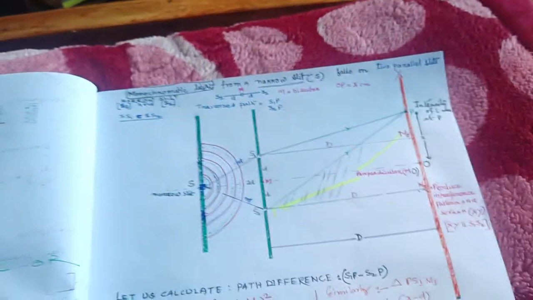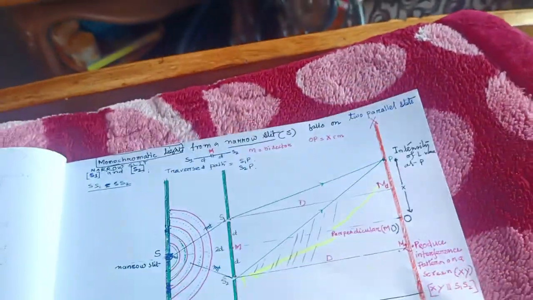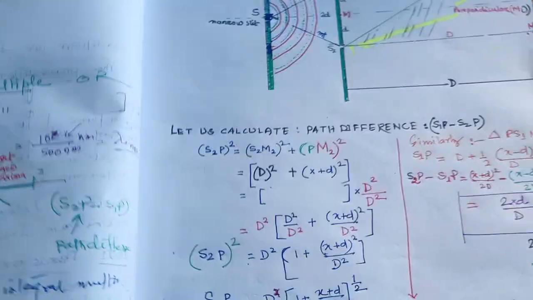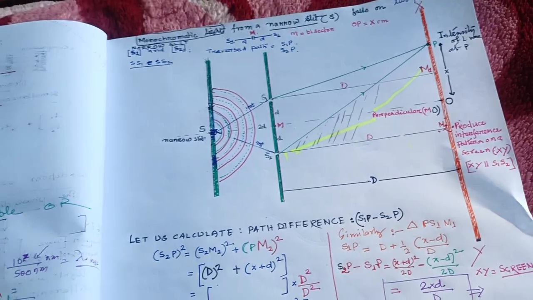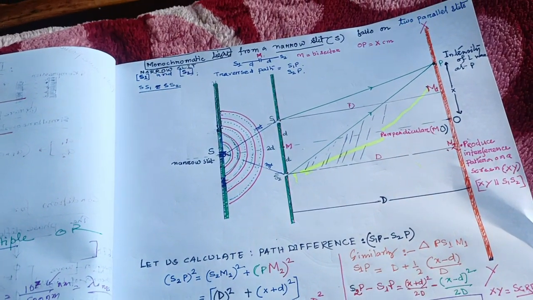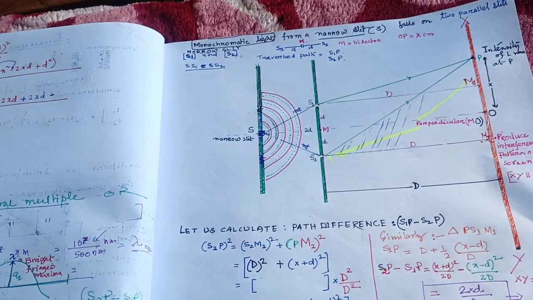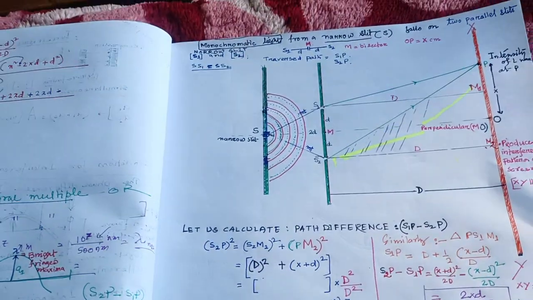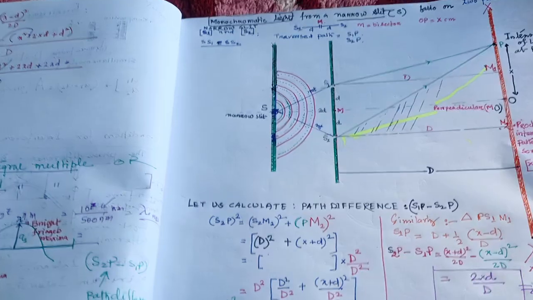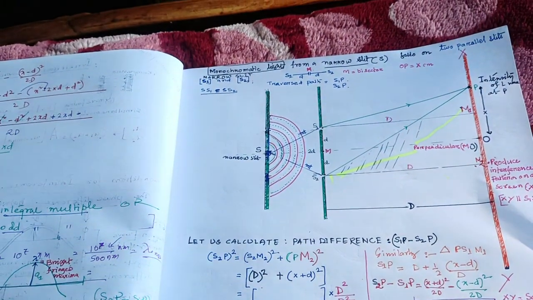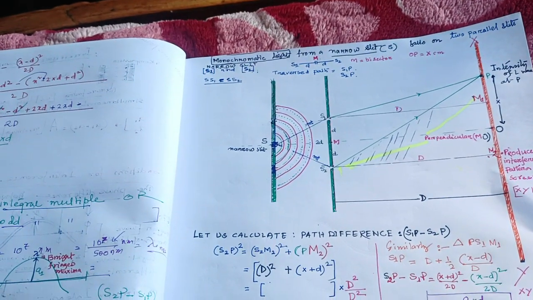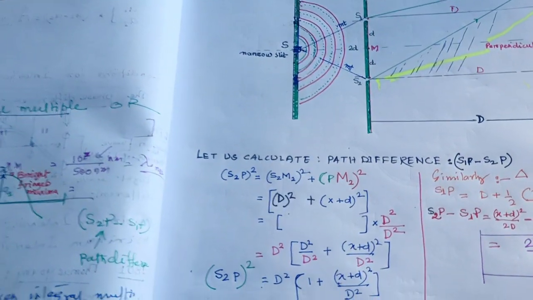So here after that you can see that our calculation is very simple. D square, that means base square, plus the intensity point P and M and their distance, as you can see, X plus D, square.